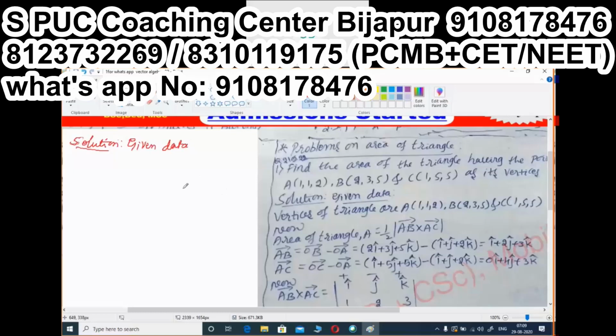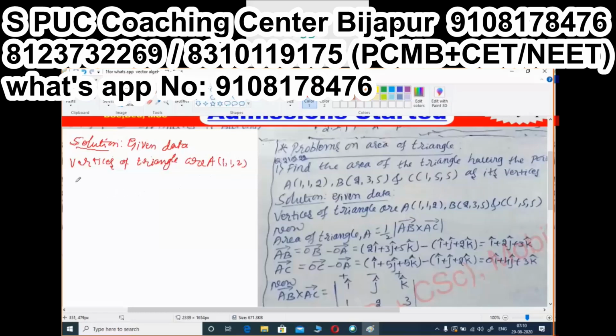So let us consider those as A, B, C, vertices of triangle. A point, that is 1 comma 1 comma 2. What is the second point?